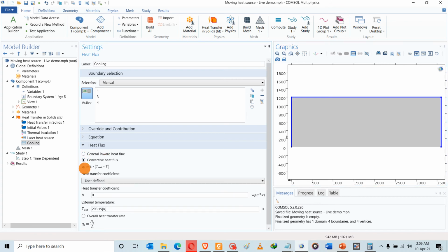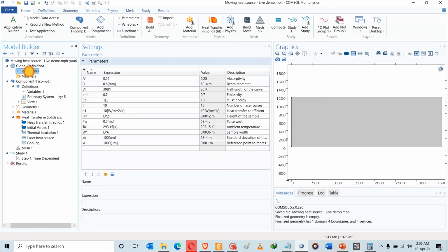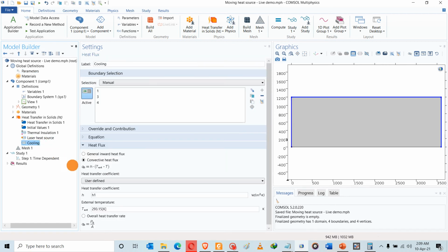So this is not going to be general inward heat flux. We're going to click here and check that box for convective heat flux. And the heat transfer coefficient is user-defined. It is H1. Remember that up here we have this as H1, the heat transfer coefficient, 10 watts per meter square Kelvin. This is a general equation.